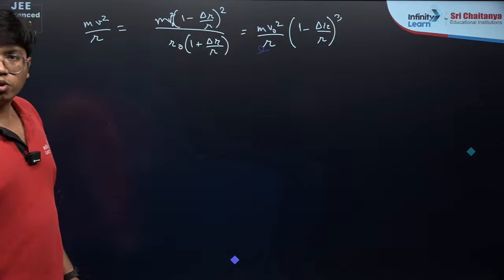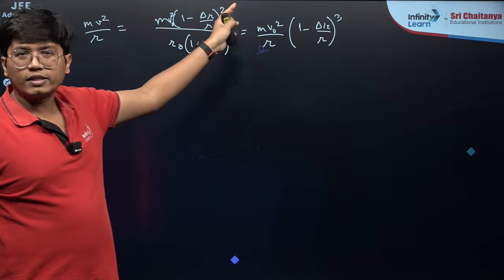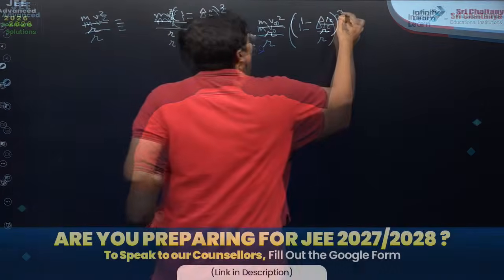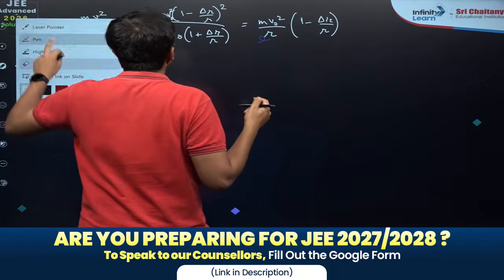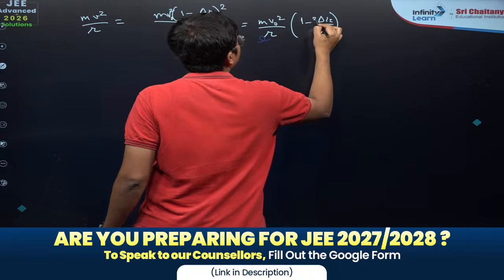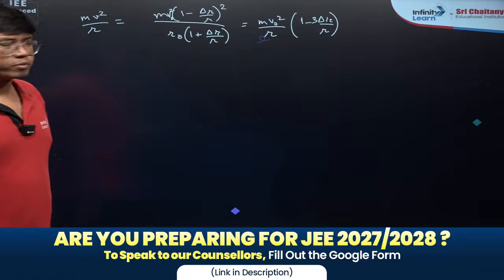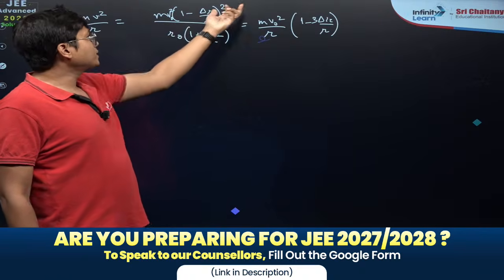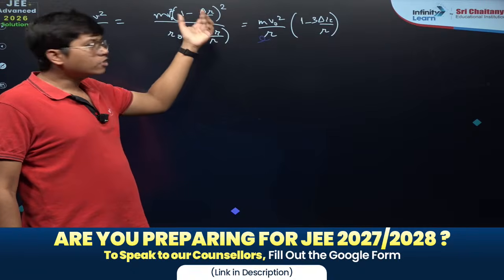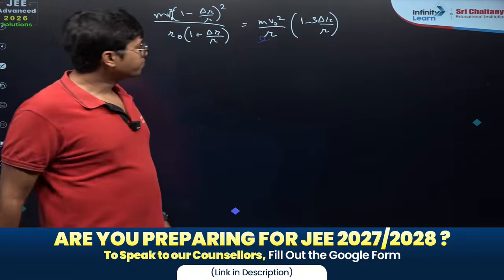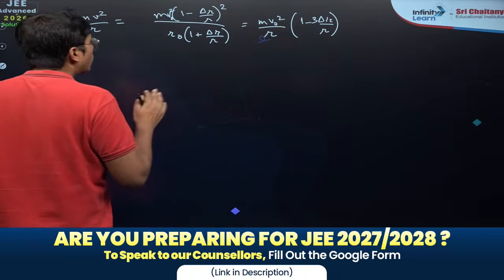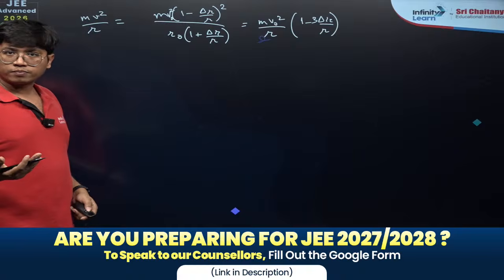The reason it goes to whole cube is because you send it over there with a power and then you bring it in. You don't actually write it as whole cube; write it as 3 and directly apply binomial approximation. You can even say it this way: bring the 2 in, and then 1 plus delta r by r to the power minus 1, bring that in, and you'll get another factor over there. So once you have that minus 3 delta r by r, now you know what is the new centrifugal force.